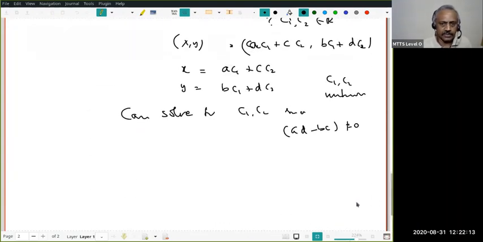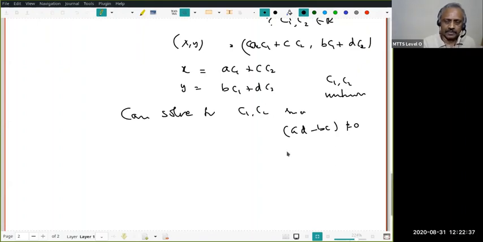Now, how many bases have I given you? I have given you as many bases as you can write 2 by 2 matrices with non-zero determinant. And each matrix very likely produces two distinct bases. It may happen that they give the same thing, but let's not worry about it.